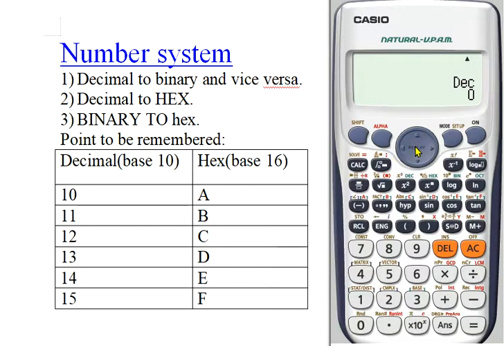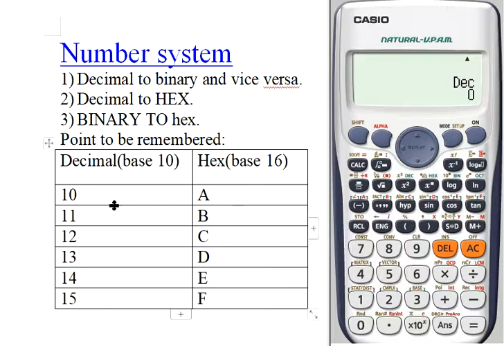Here we have converted numbers from one number system to another just by using this scientific calculator. And here we can see a table. This is the equivalent table of decimal and hexadecimal. Here the hexadecimal alphabet A is for the decimal 10.